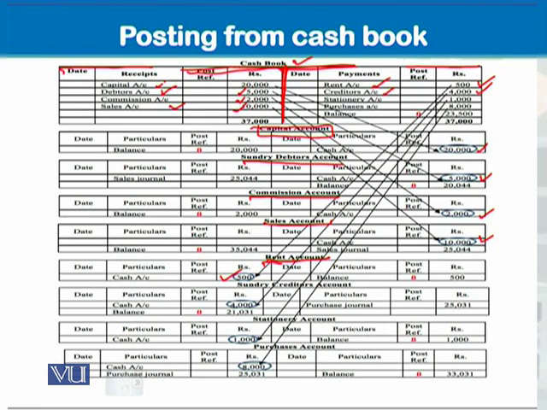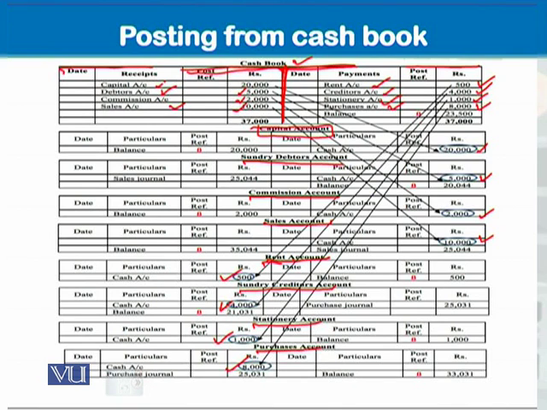Creditors 4,000, place in the debit side of creditors account. 1,000 stationery, place in the debit side of stationery account, and 8,000 for purchases, and place in the debit side of purchases account. So simply you observe that we are just placing second effect in our relevant ledger accounts.